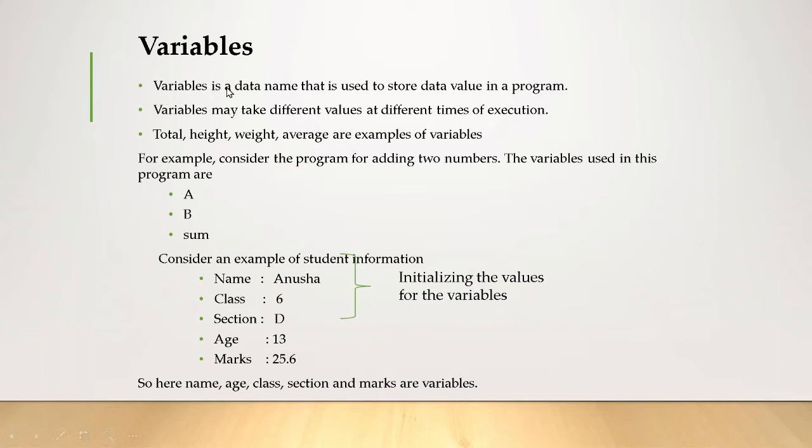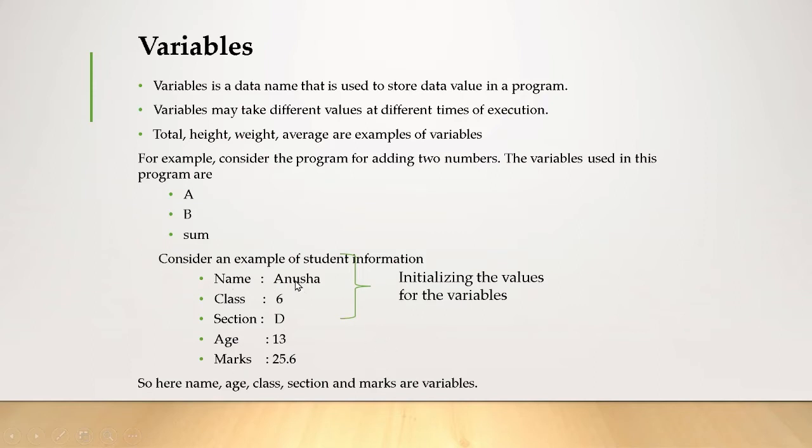Basically, a variable is a data name that is used to store a data value in a program. The name could be Anusha, class could be 6, standard could be D, age could be 13, and marks could be some other value. These are all the variables and these are the values in these particular variables.